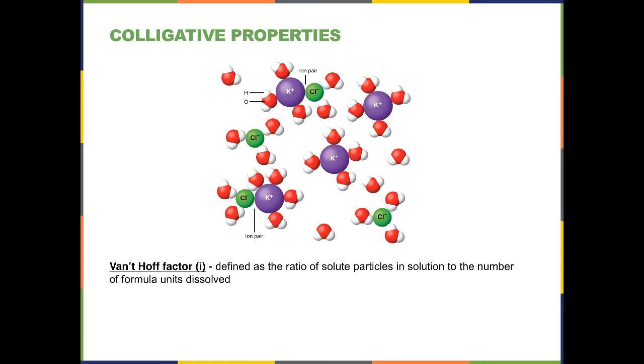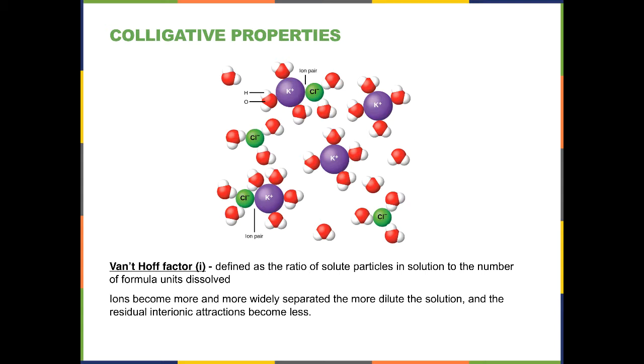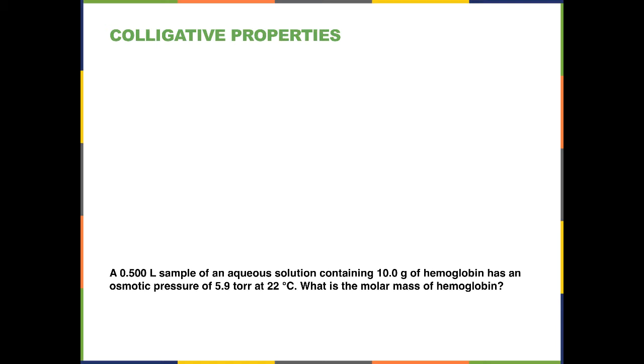And so it has a greater effect on the colligative property. So the ions, when they become more and more separated, have the effect of being individual particles as opposed to one single molecule. I'll show you how that should be taken into account not in this problem, but in the next problem that we're going to do.